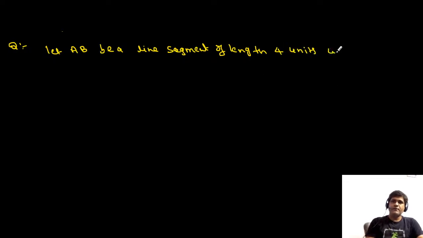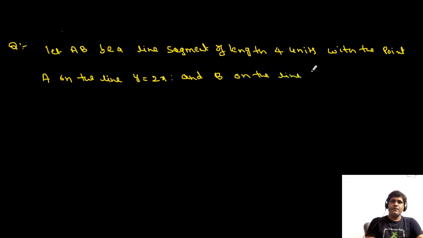Let AB be a line segment of length 4 units, with the point A on the line y is equal to 2x, and B on the line y is equal to x.